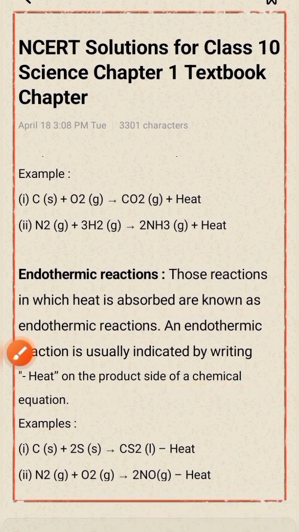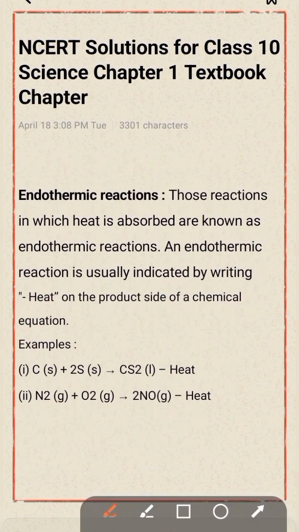For example, C solid, that is carbon, plus 2S sulfur solid form carbon disulfide CS2 liquid. That is heat absorbed, negative sign. N2 gas plus O2 gas form 2NO gas, heat absorbed.